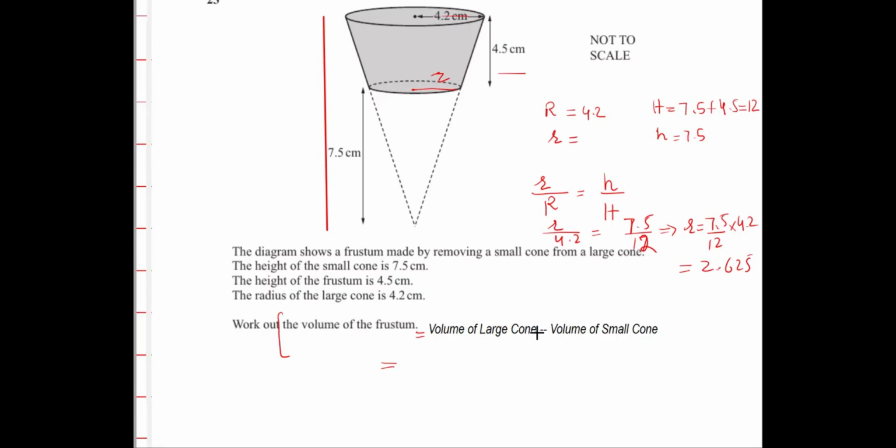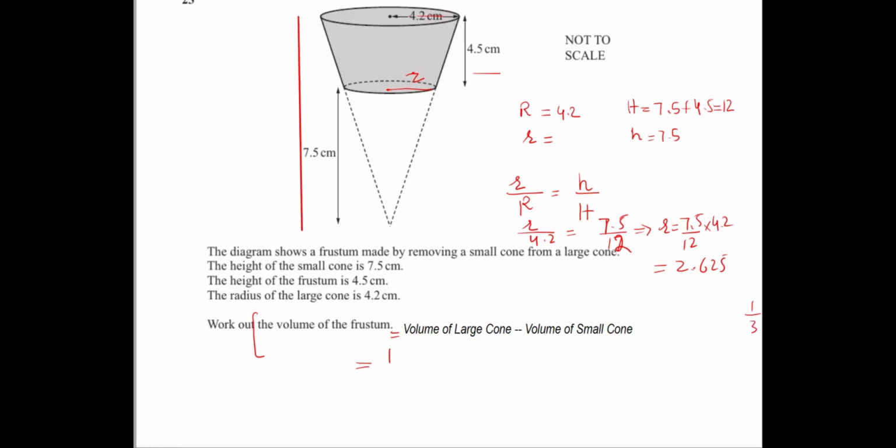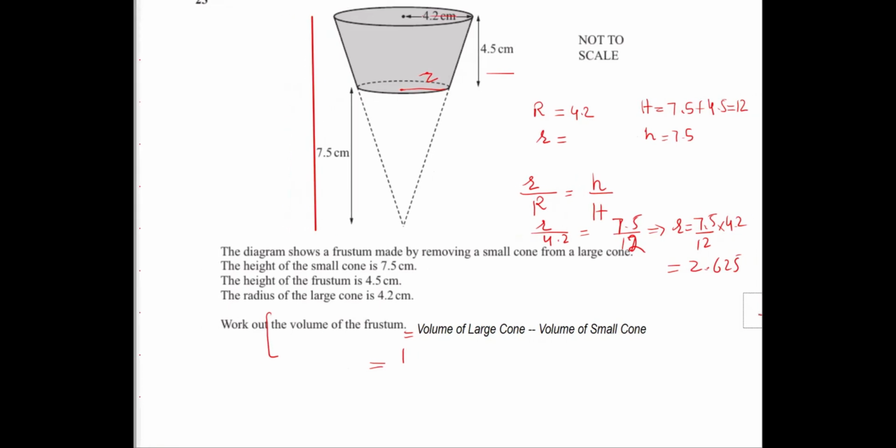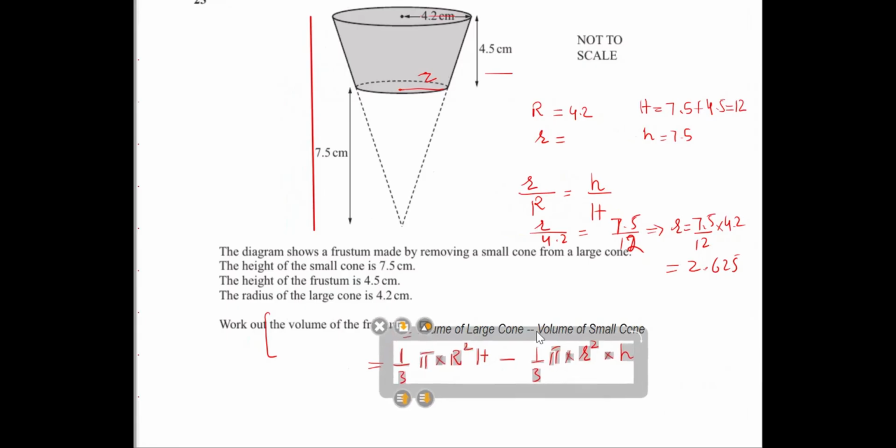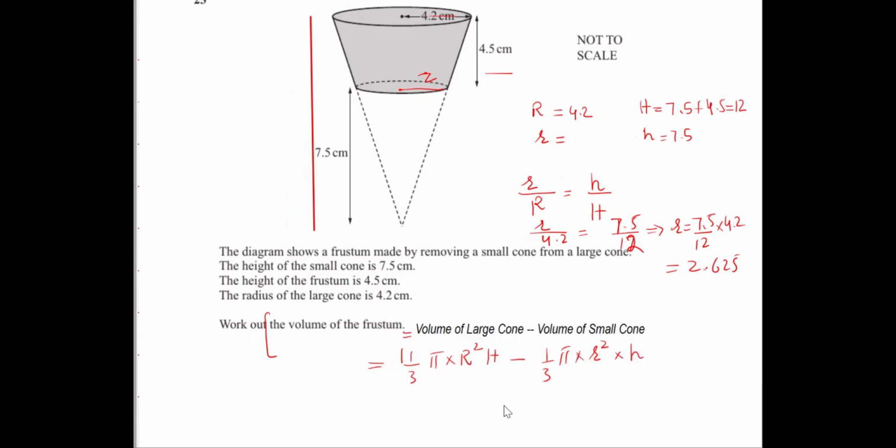We have to calculate volume of frustum. This is volume of large cone minus volume of small cone. Volume of cone formula is 1 over 3 pi r squared h. Therefore, the volume of large cone minus small cone will be equal to 1 over 3 pi capital R squared into H for volume of large cone, minus 1 over 3 pi r squared h for volume of small cone. We take common 1 over 3 pi: R squared H minus small r squared h.